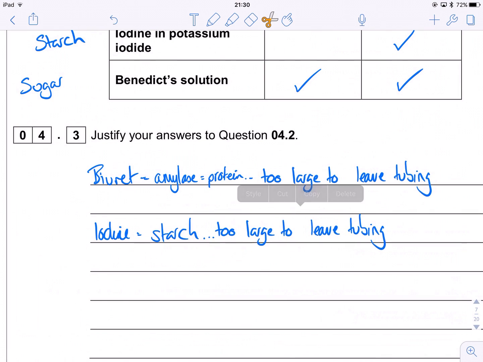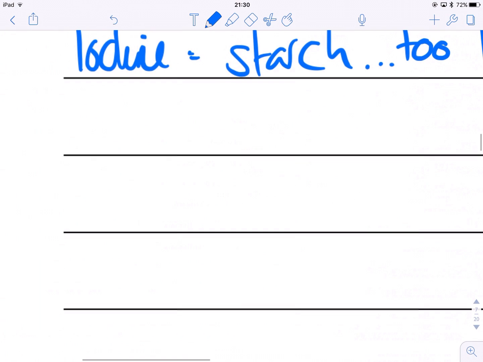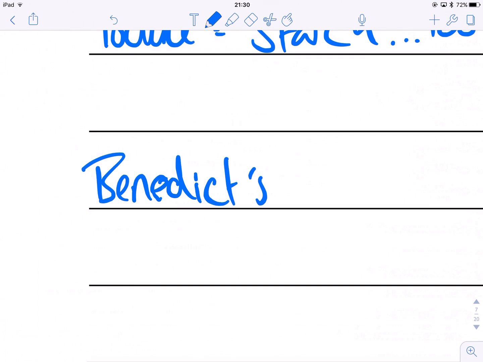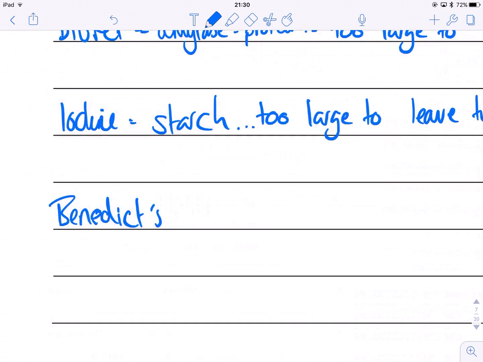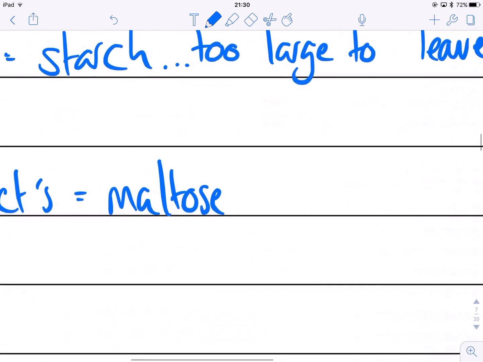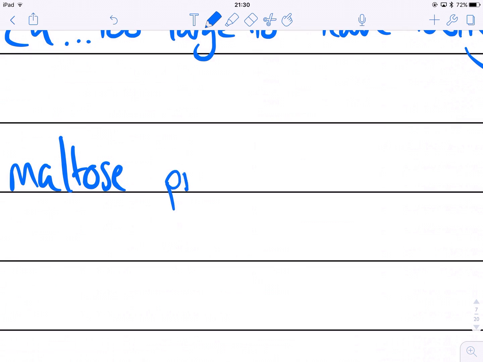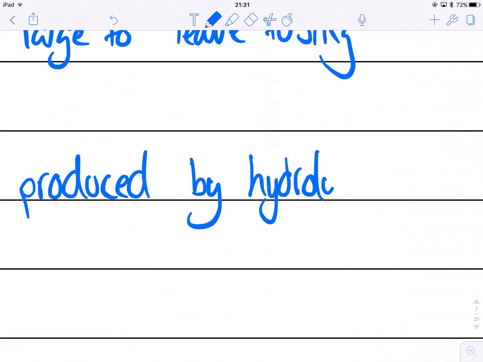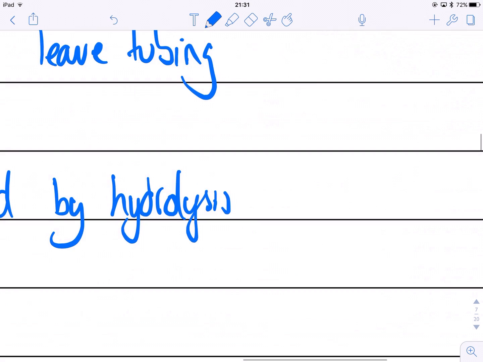Where things switch up is the Benedict's test. Because maltose is the product of digestion, let's go for maltose is what we're testing for here. Maltose produced by digestion, let's go for hydrolysis of starch.